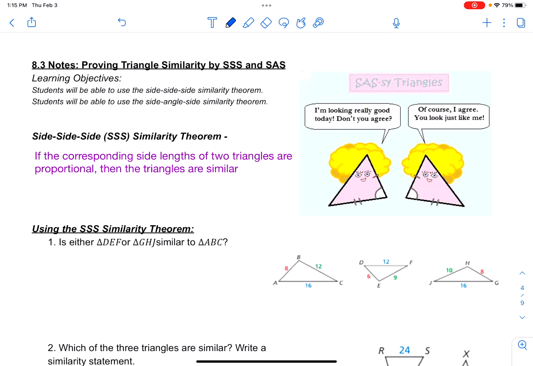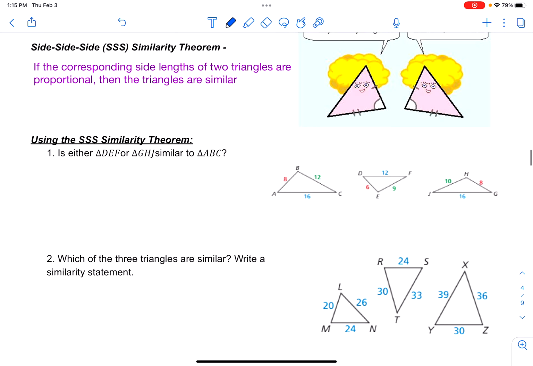So rolling right into our first example, it says, is either triangle DEF or triangle GHJ similar to ABC? So we have to take those proportions like we did in our last lesson and see which of these triangles, or maybe both of these triangles, are similar to ABC.